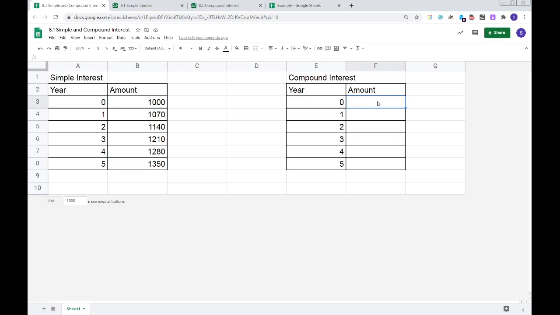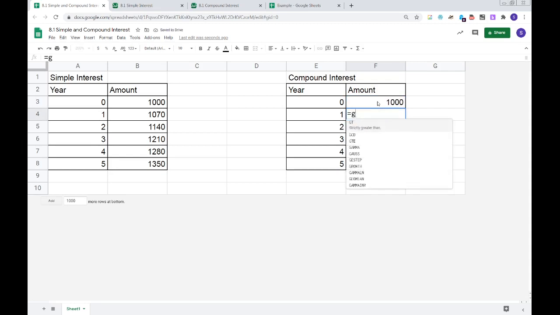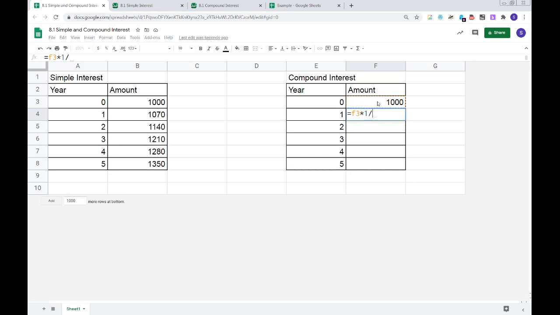So in the case of compound interest, we start off with that $1,000 on day one when we first walk into the bank. And what's going to happen is we're going to take that amount and we're going to multiply it by 107%.